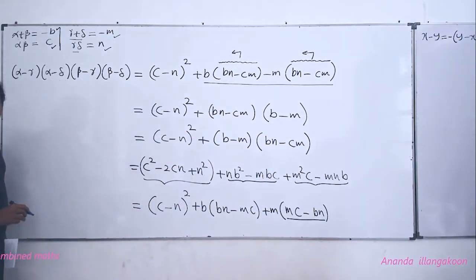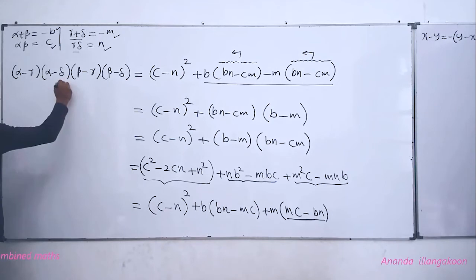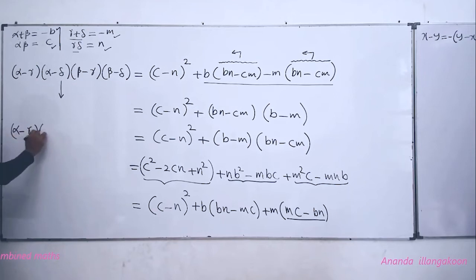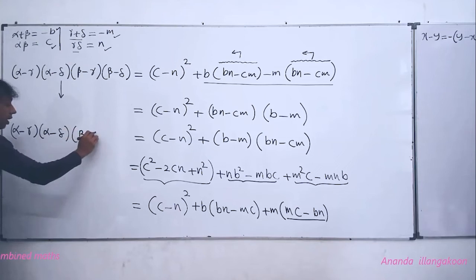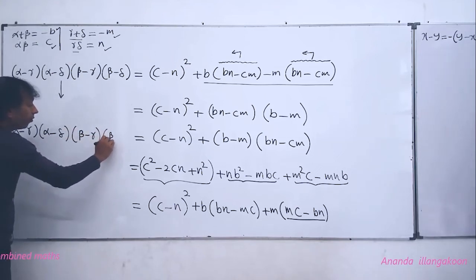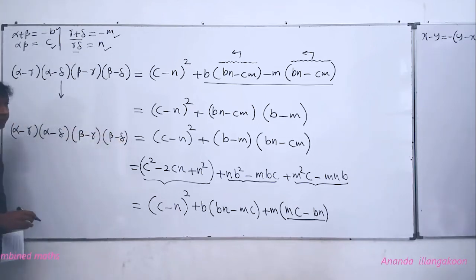This is what we get. Then this thing only in the left hand side we have, no? Alpha minus gamma, alpha minus delta, beta minus gamma, beta minus delta. People, this answer we have now.